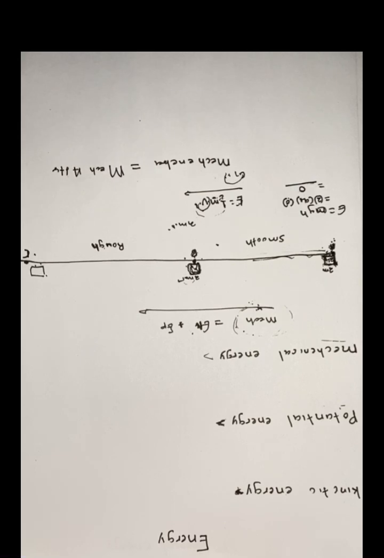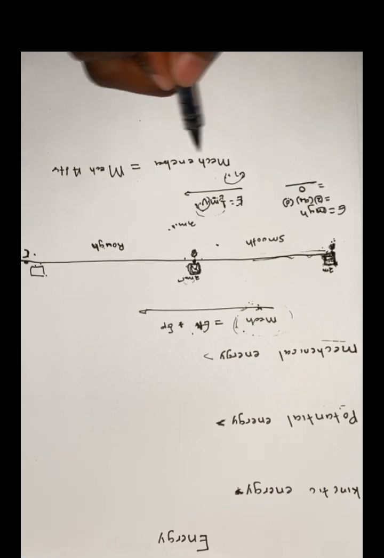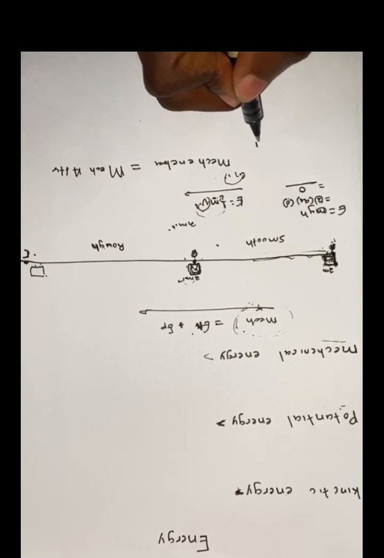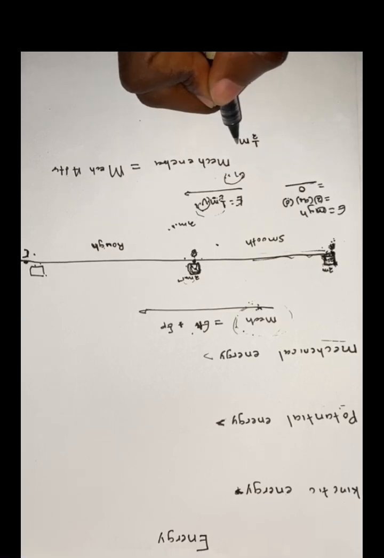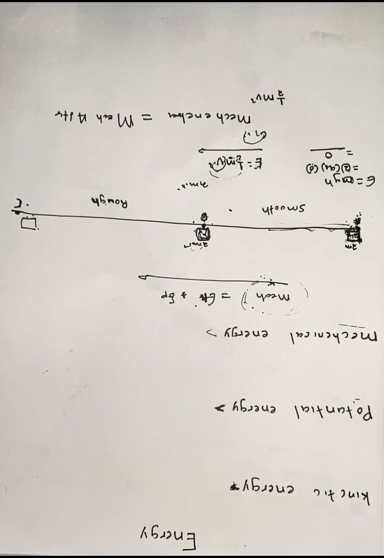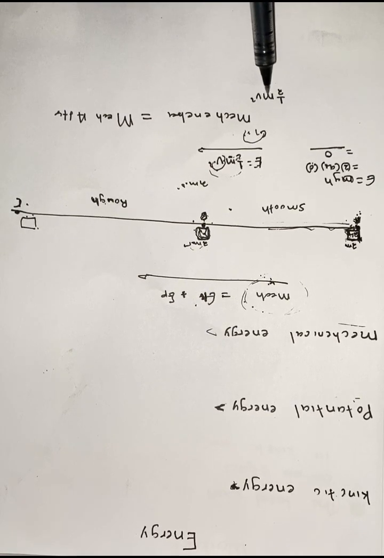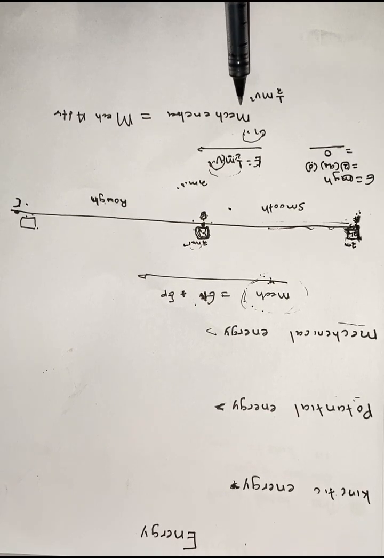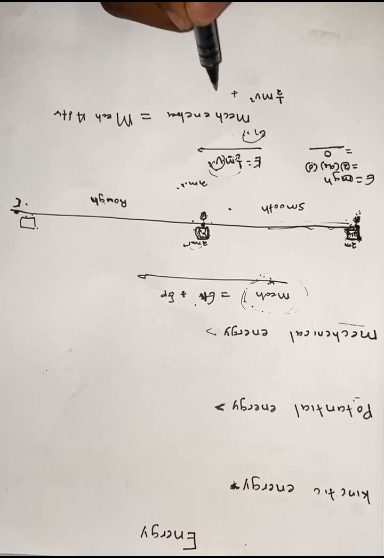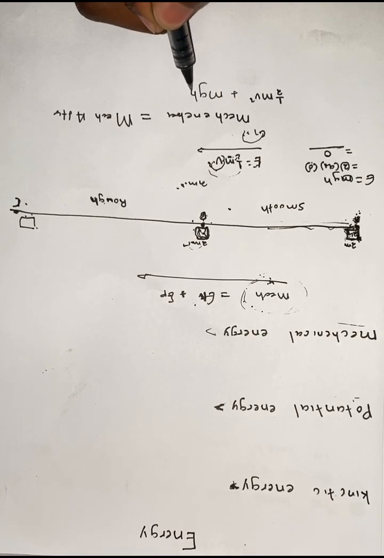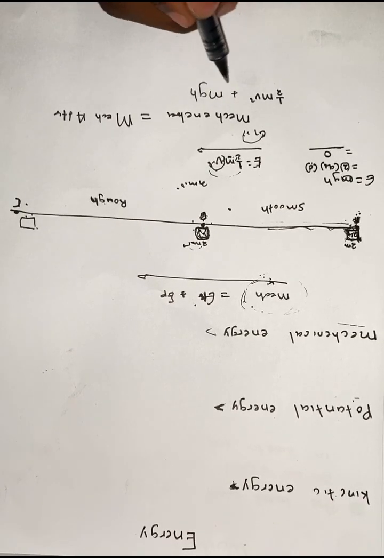Sorry about the handwriting. Remember, mechanical energy is 1/2 mv squared, which is the kinetic energy, plus mgh, which is the potential energy.